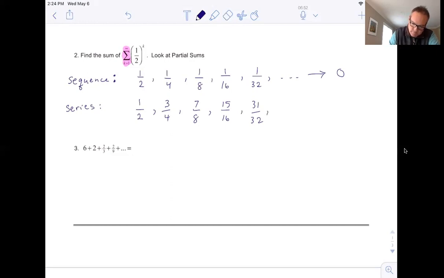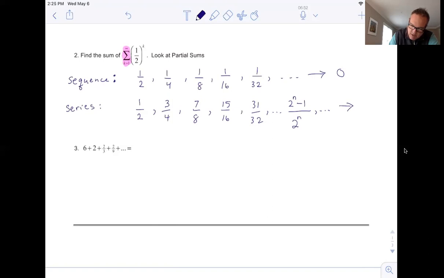You could actually write a rule: 2 to the nth power on the bottom, and the top would be 2 to the nth power minus 1. That's just a little extra for you. Either way, look at the numbers: 1/2, 3/4, 7/8, 15/16, 31 out of 32.